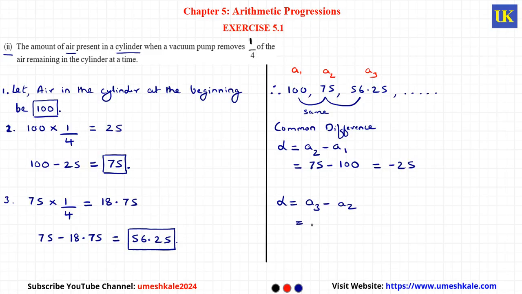So A3 is how much? A3 is 56.25 minus A2, which is 75. So the difference is minus 18.75. And as you can see, this and this difference is not the same.